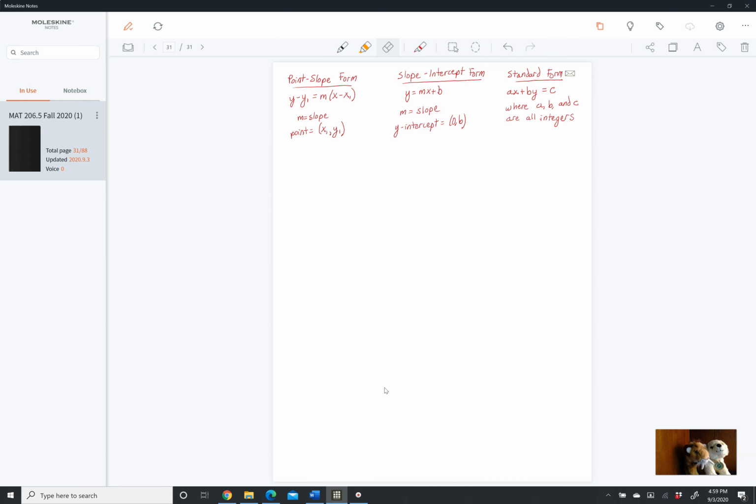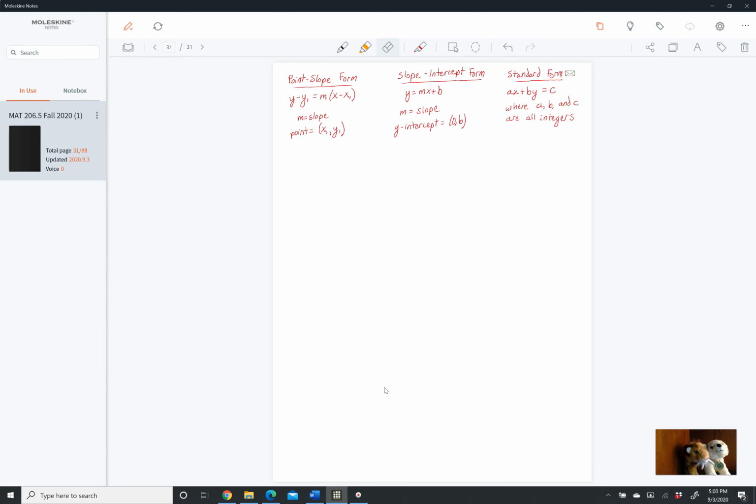If we get a line in point-slope form, we can put it in slope-intercept form. We can also go backwards. If we have a line in slope-intercept form, we can put it in standard form. And if we have a line in standard form, we can put it in slope-intercept form. It is not possible to put a line that is in either slope-intercept form or standard form into point-slope form.